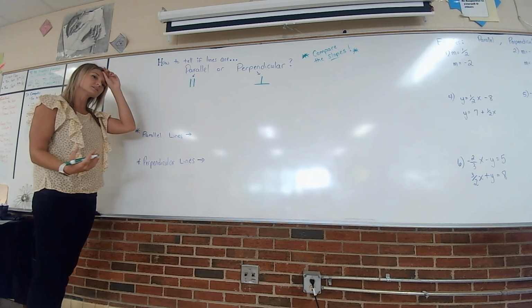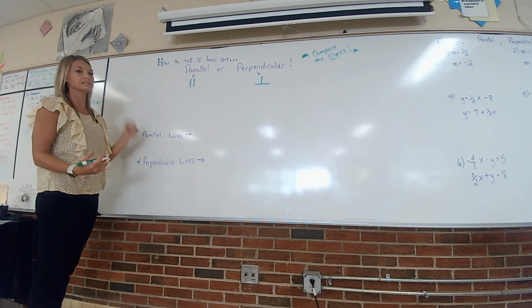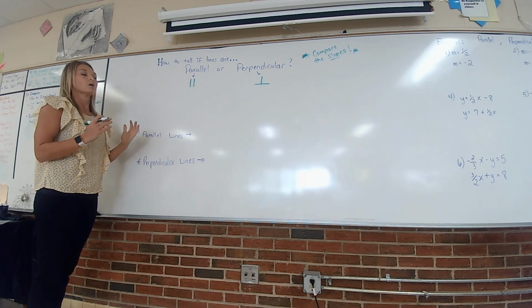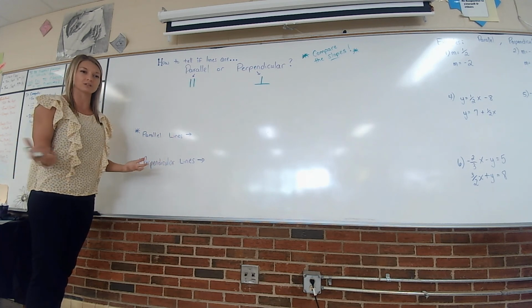Okay. So now what does it mean to be parallel? Well, for two lines to be parallel, that means that those two lines will never touch no matter how far you extend those lines. Okay.